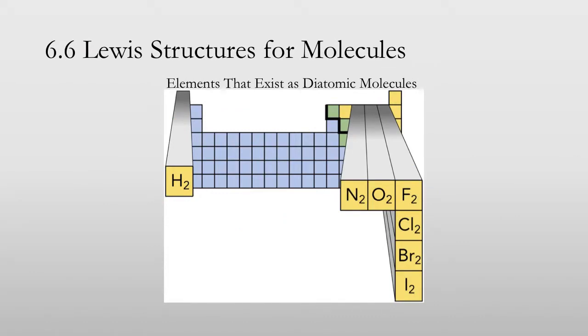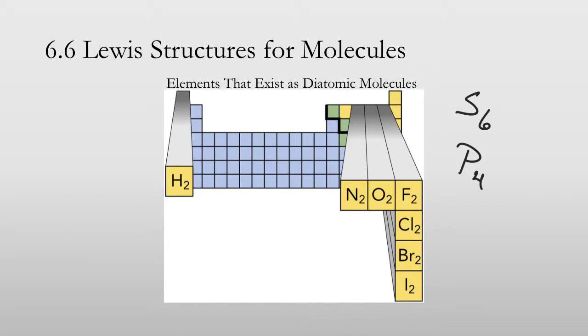This table shows the elements hydrogen, nitrogen, oxygen, fluorine, chlorine, bromine, and iodine that exist as diatomic molecules. Actually, there's more elements. Sulfur exists as S6. Phosphorus exists as P4. They don't exist as individual atoms.